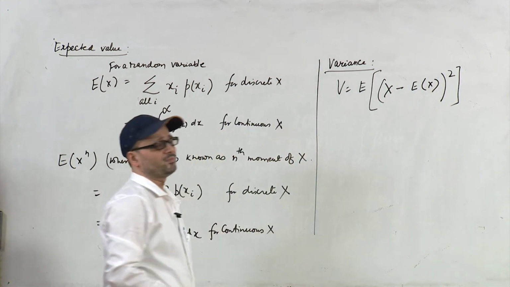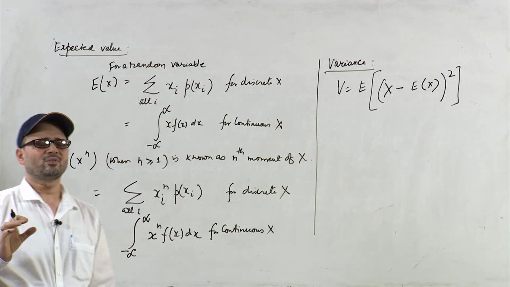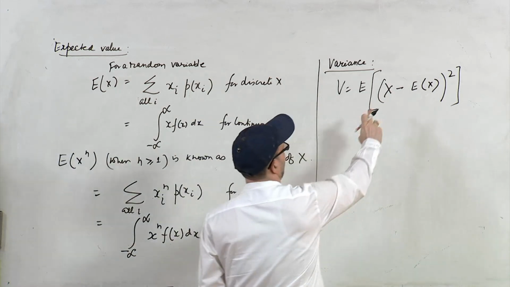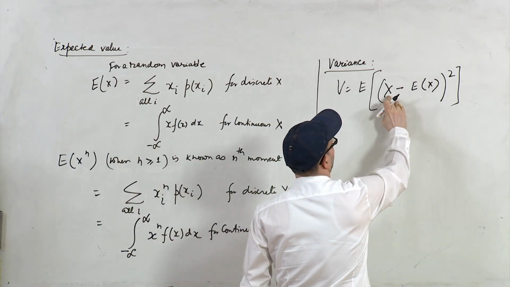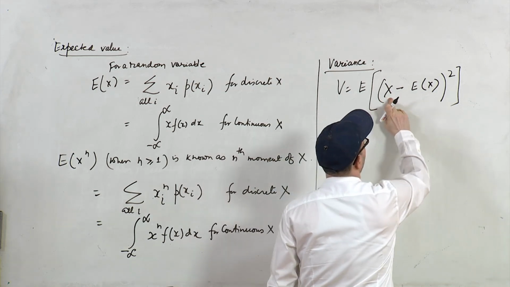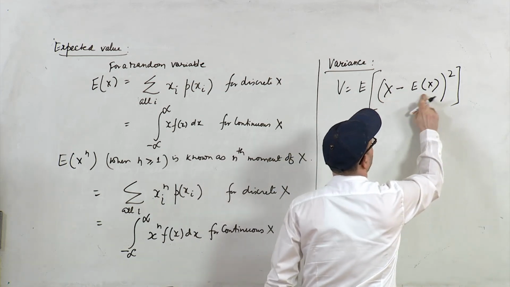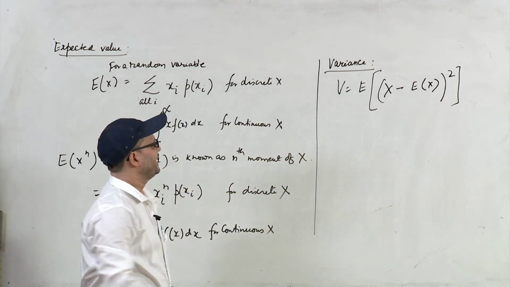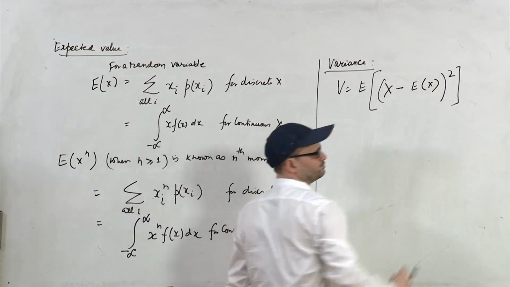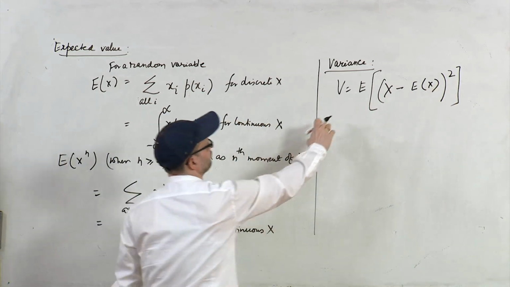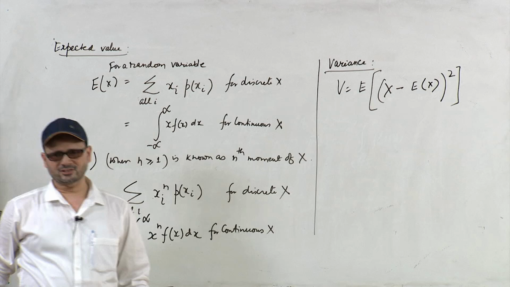So, this way we find the variance. What we do is we take the difference from every individual value to the expected value, then take its square and the expected value of that. That is known as variance.